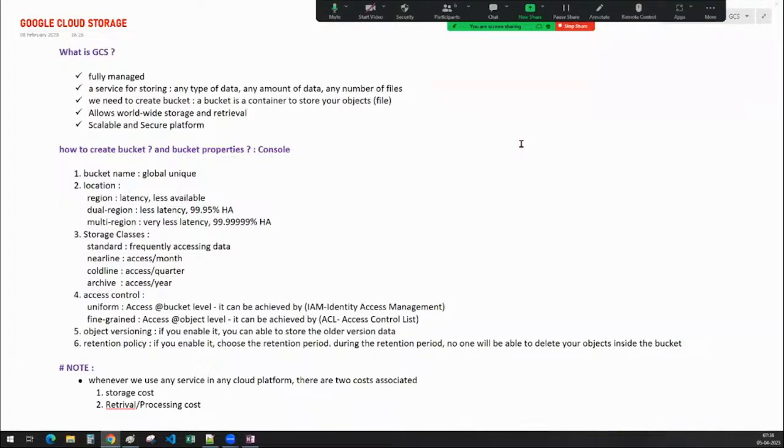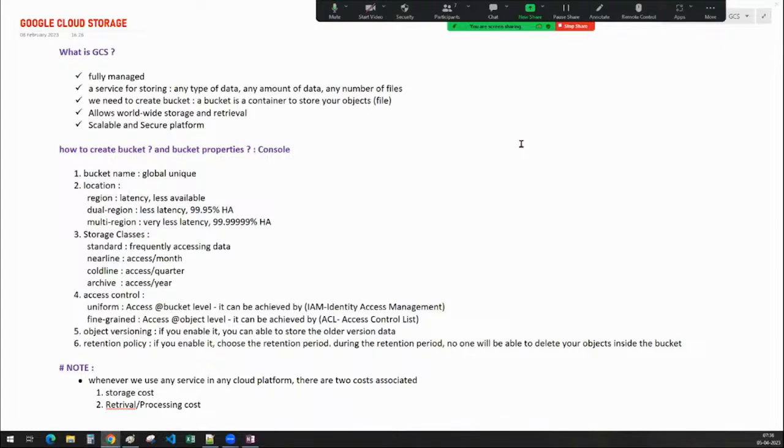We need not worry about that. The only things we have to worry about are how to create a bucket, how to upload a file, and how to make sure the data is controlled. We need not worry about the resources required to build GCS. We also have to take care of the storage classes, the location, as well as object versioning.